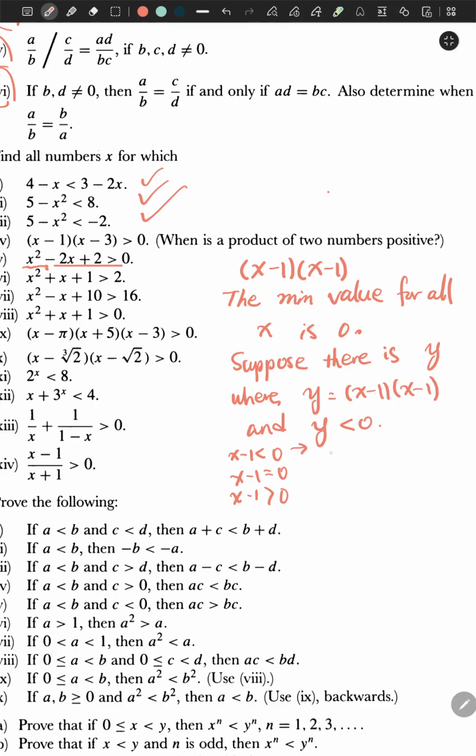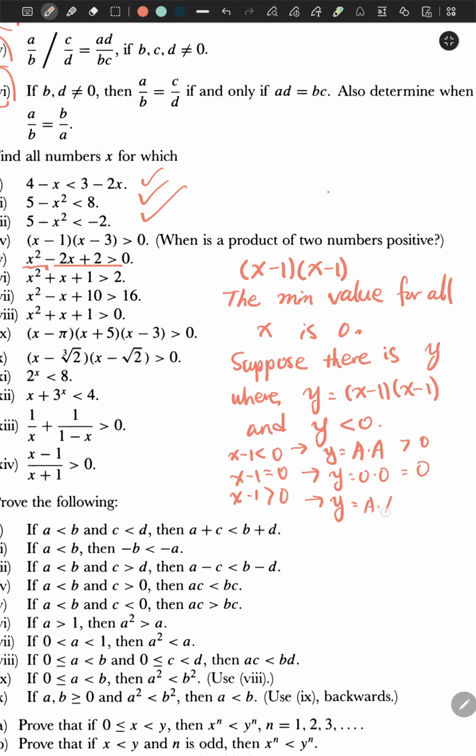Then here y is equal to a times a, where both are greater than 0. Then y is greater than 0, right? Here x minus 1 equals 0. That means y is 0 times 0. That means y is equal to 0. Here y is x minus 1 times x minus 1, again same thing.